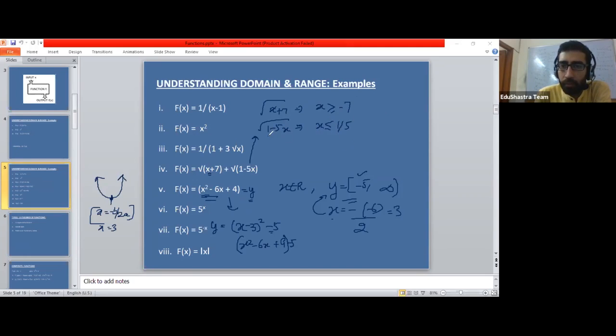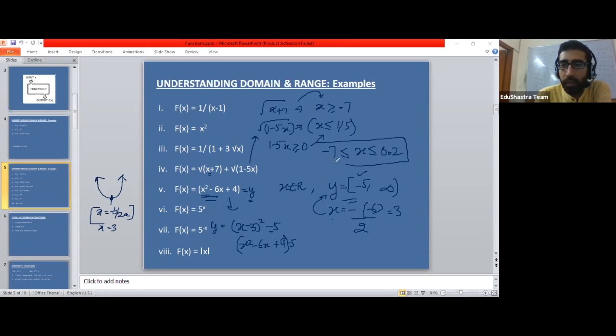You must ensure this is 0 or more. So 1 minus 5x will have to be greater than or equal to 0, which will give you x less than or equal to 1 by 5. And similarly, x plus 7 has to be greater than or equal to 0. That will give you x greater than or equal to minus 7. This is your domain here. x must be less than or equal to 1 by 5, that is 0.2, while being greater than or equal to minus 7.